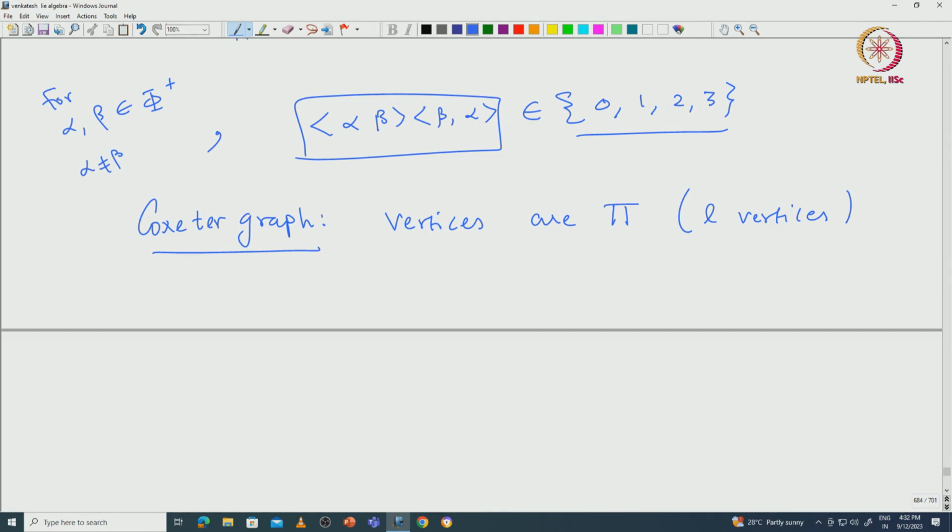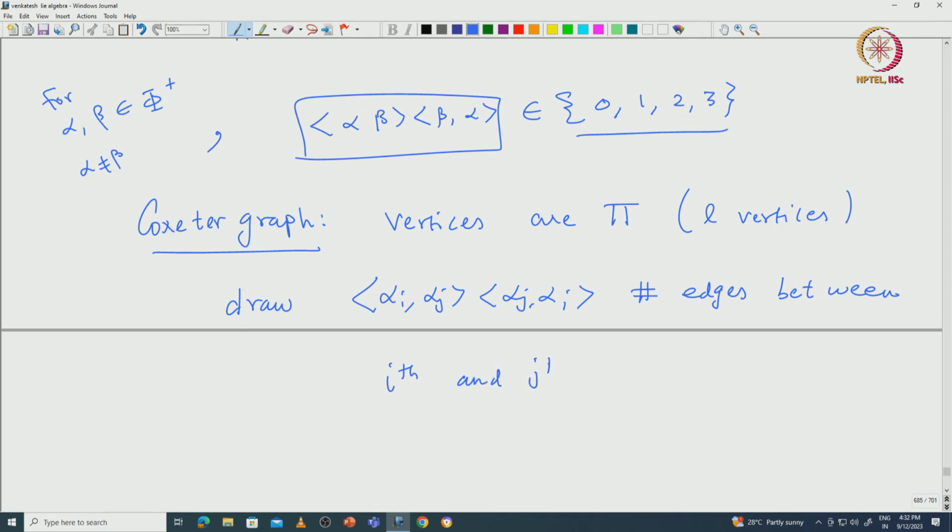What are all the edges? We draw the number of edges between the ith and jth vertex, or simple root, equal to the Cartan integer of alpha i, alpha j times alpha j, alpha i.